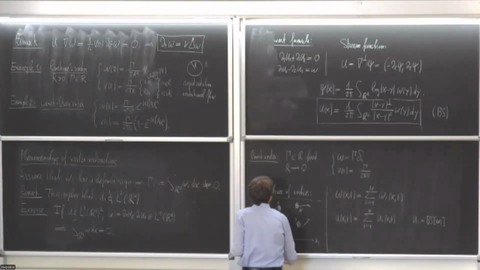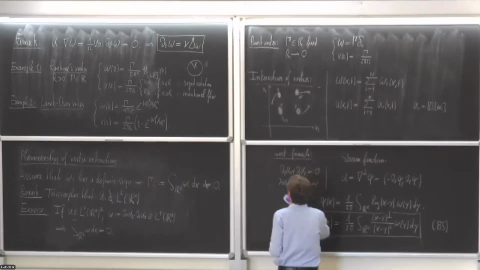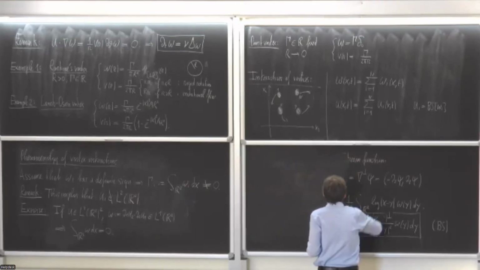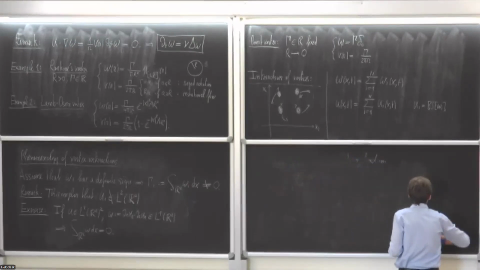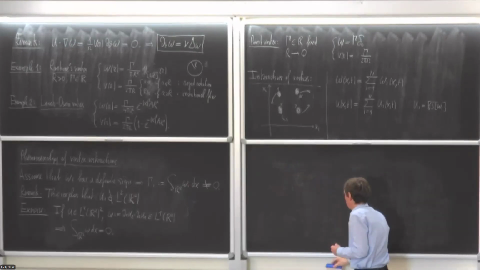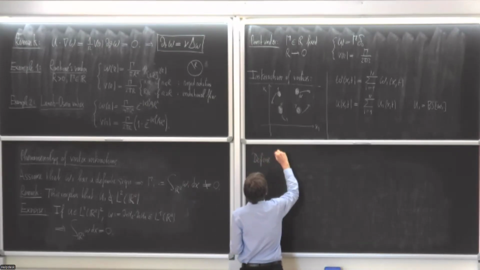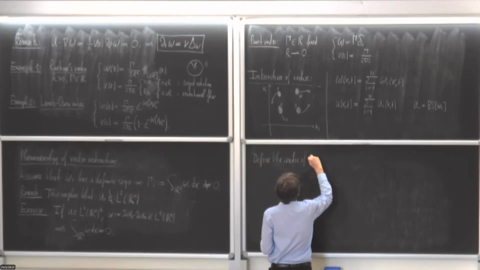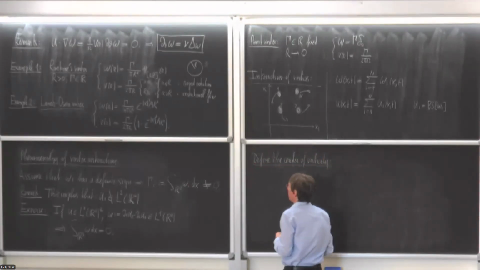So now let me consider another quantity which is very interesting, which is the center of vorticity. So define the center of vorticity of the vortex omega i.